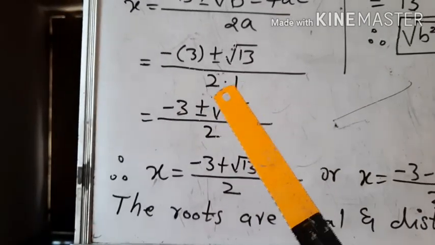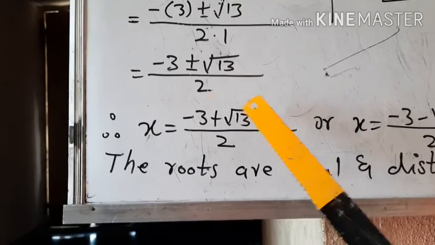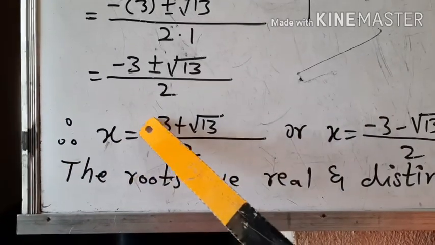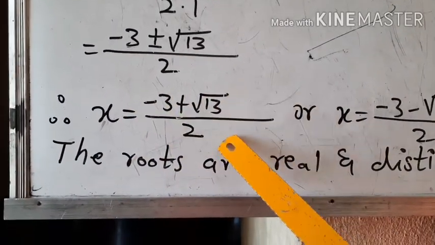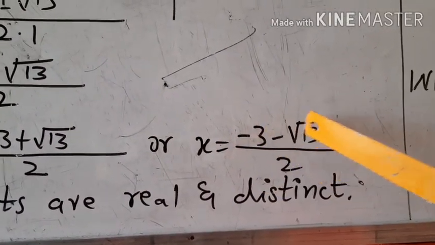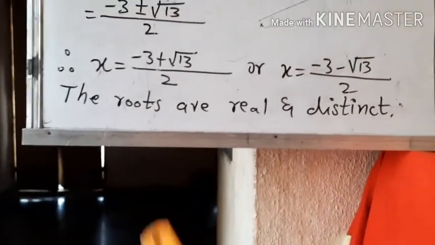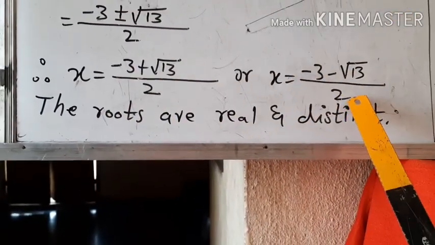So minus 3 plus or minus root 13 upon 2. So x is equal to minus 3 plus root 13 upon 2 is one root, or x is equal to minus 3 minus root 13 upon 2 is another root. See here, these are the two roots of the given equation.